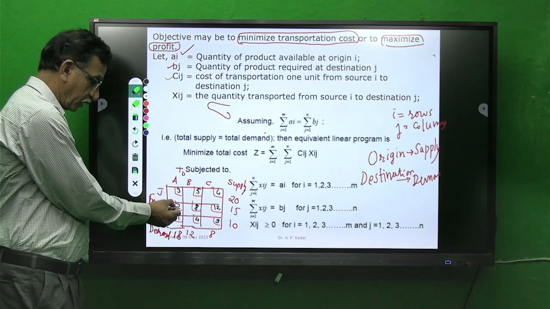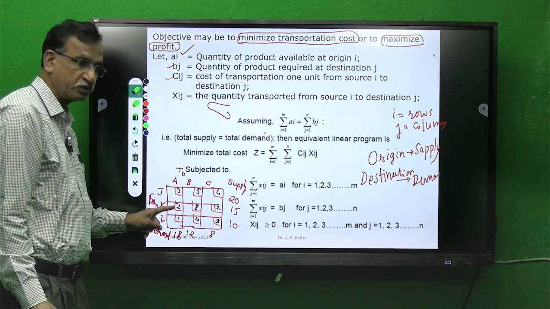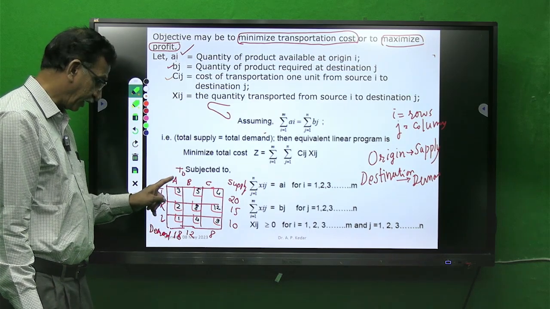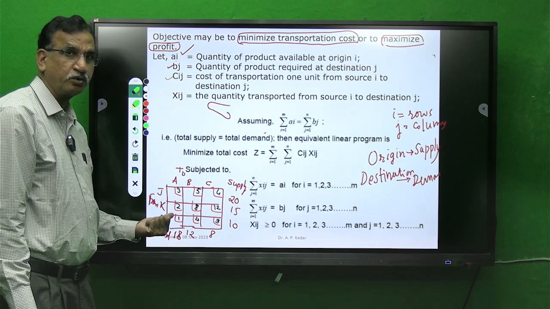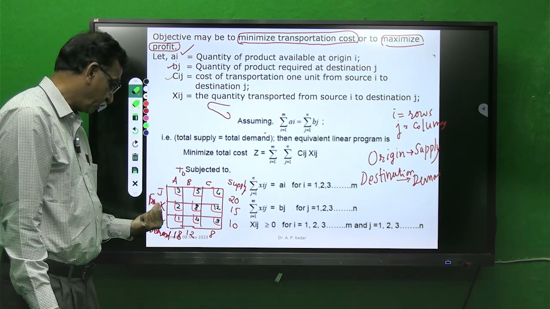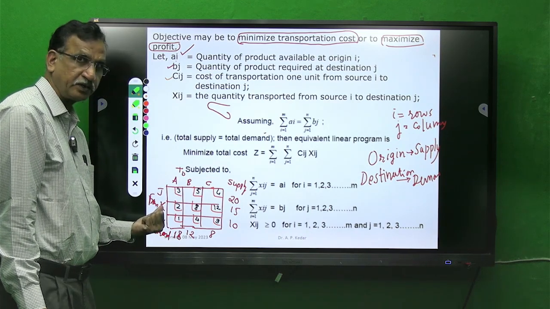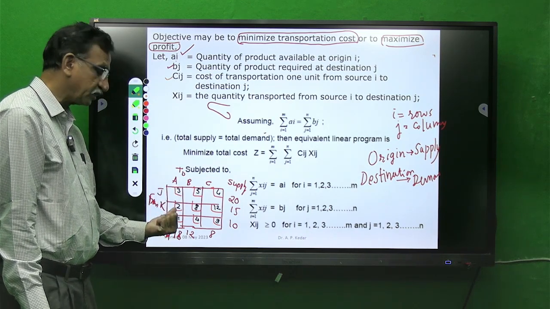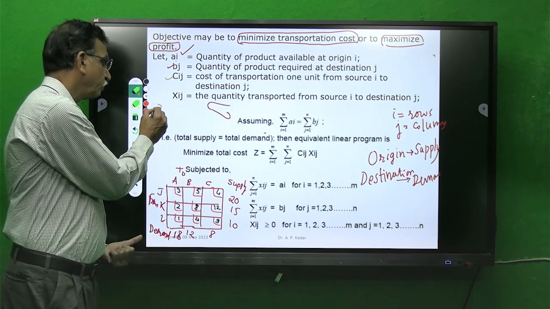If I focus my attention on these two values, what is written in the K-A cell, the meaning of this is that to transport 1 unit of product from K factory or K city to A city costs rupees 2, if it is in units of rupees.